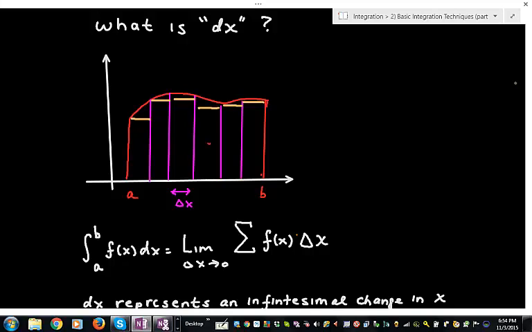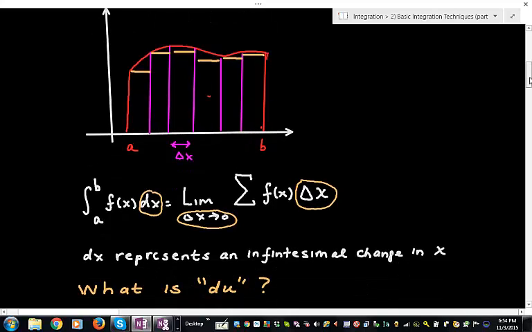And then in the limit of capital delta x going to 0, we get dx. And this gives us a way of thinking about what dx is. dx represents an infinitesimally small change in x. And so we're going to use that concept to now derive what du is.